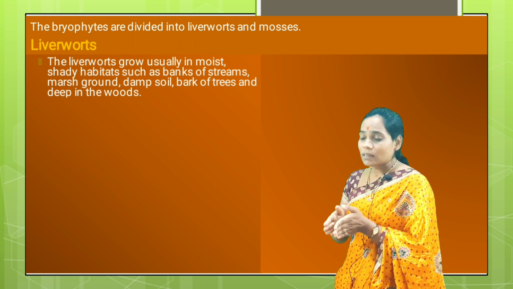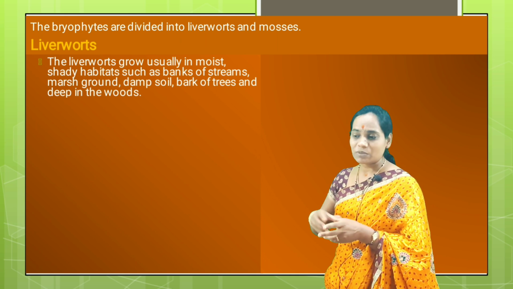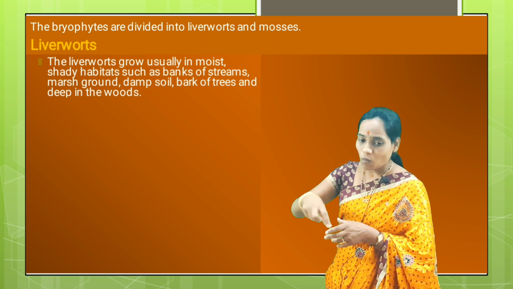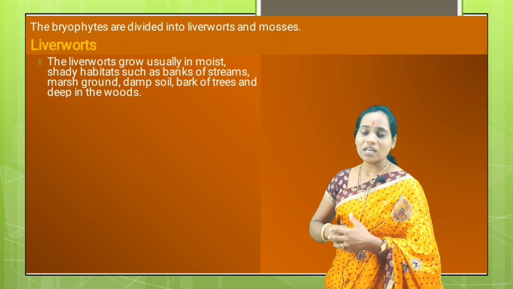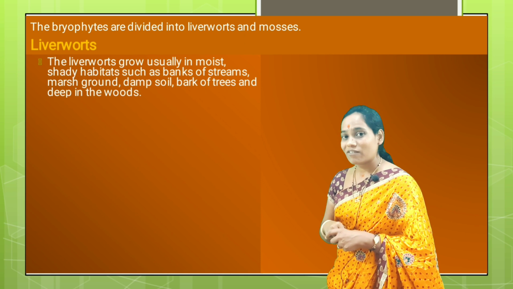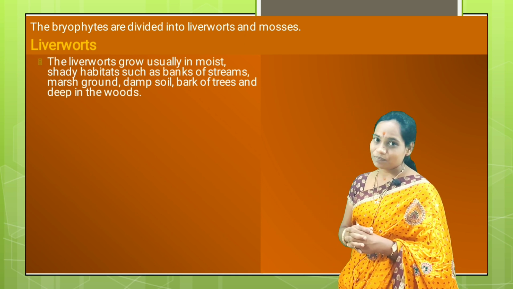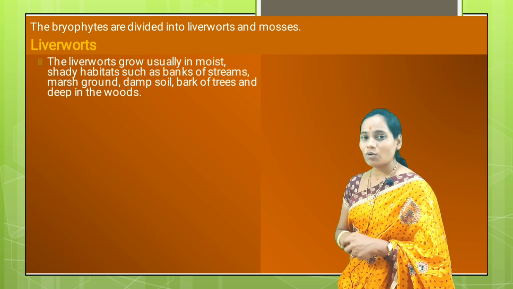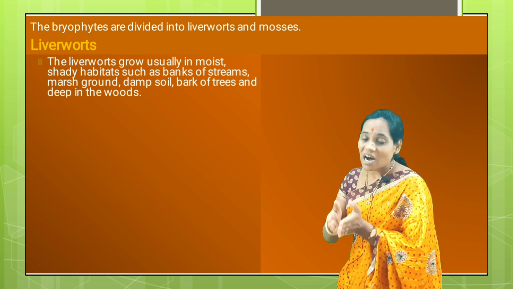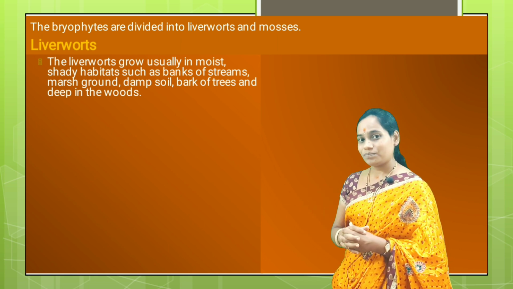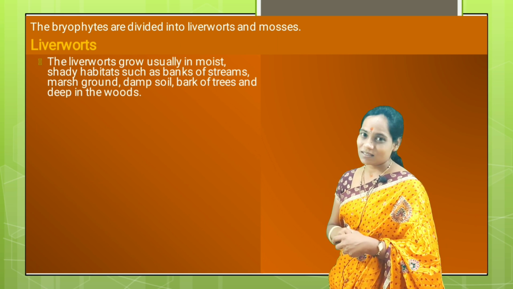Like maybe on the banks of the streams. Banks of the streams means where we can find the water moving on the banks of the water streams. You can find the liverworts growing. Or else you can also find them growing on the marsh grounds, meaning waterlogged areas.